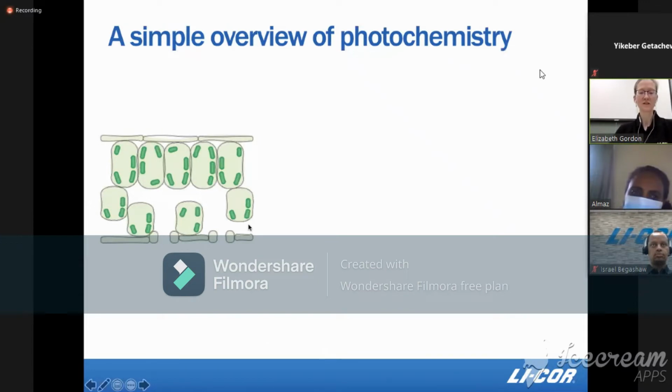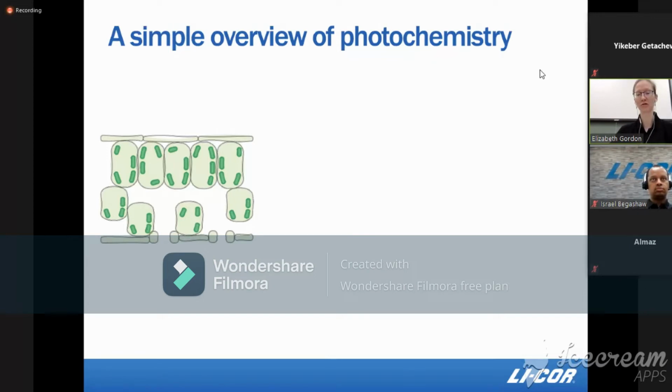So let's start with the basics. For some of you, this may be a review, and you may think, oh, I know this, but for some of you, your plant physiology class might have been a couple of years ago. So let's start with talking about photosynthesis and photochemistry. The LI-6800 is a portable photosynthesis system, but we're actually measuring photochemistry, or you might hear it called photophysiology.